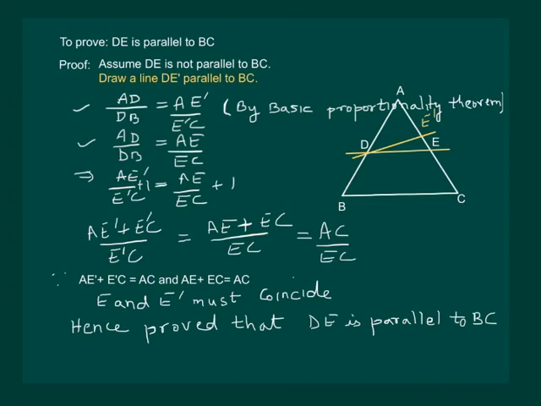In other words, the converse of the basic proportionality theorem is true, that if a line divides any two sides of a triangle in the same ratio, then the line is parallel to the third side. Like here we have proved that DE has to be parallel to BC.